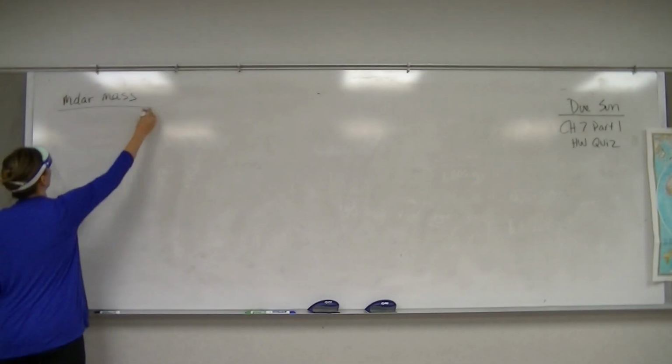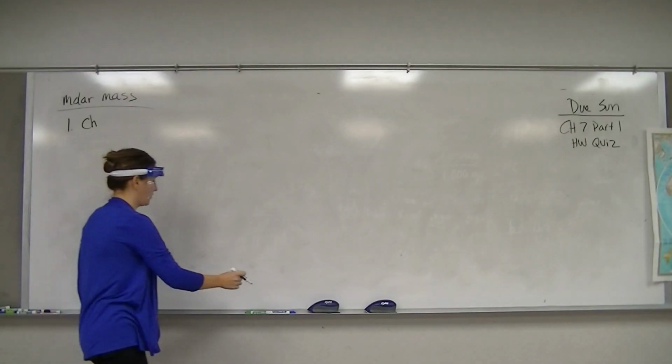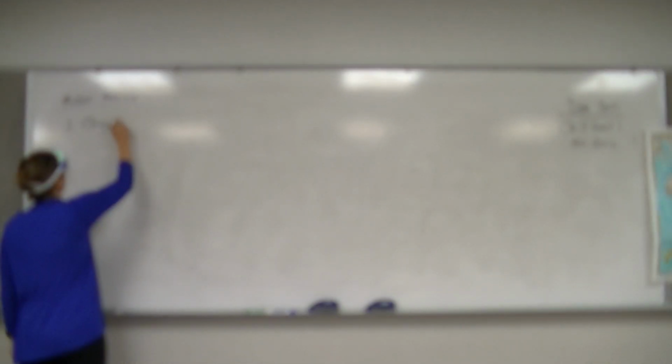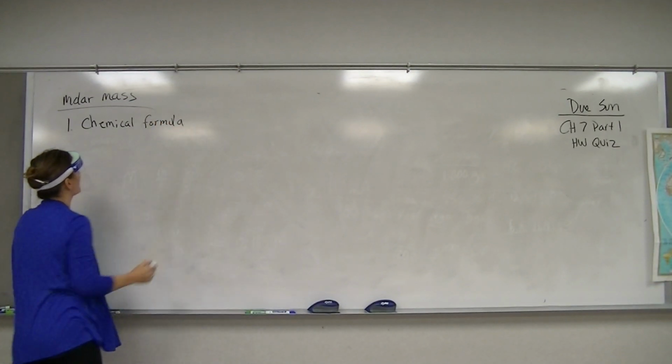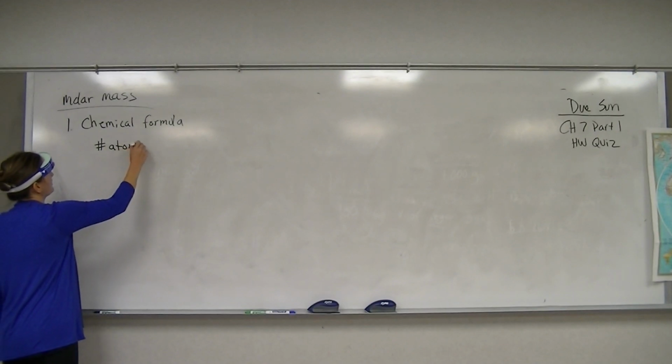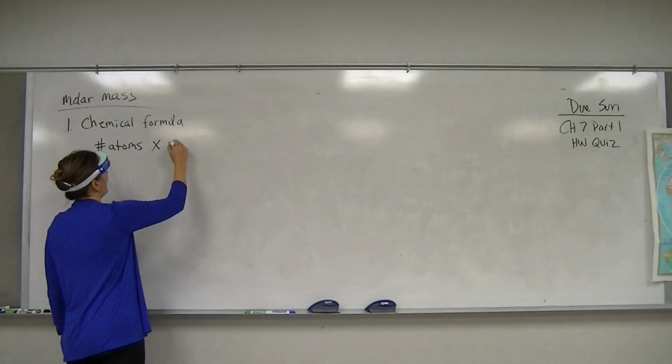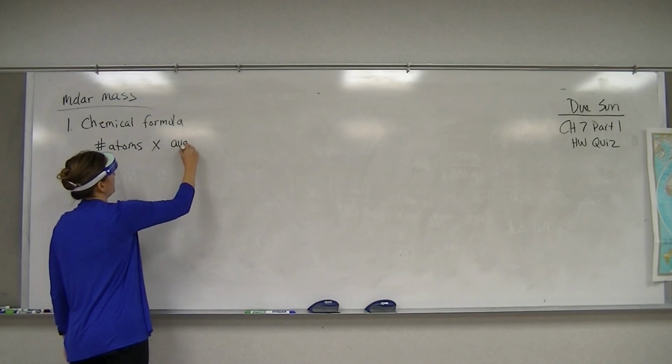So when we're calculating molar mass, what you need is a chemical formula. From that chemical formula, you're going to take the number of atoms of each element present in that formula, and multiply it by the average atomic mass on your periodic table.